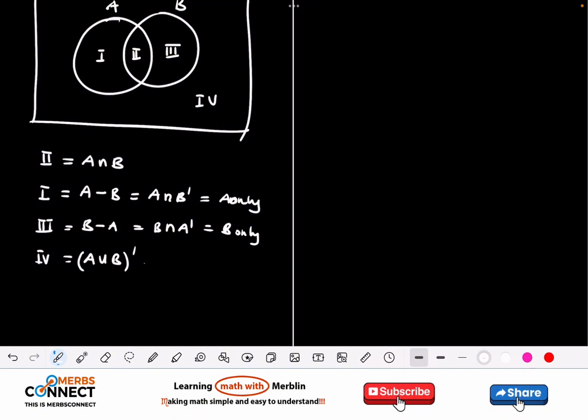That would be IV. And remember, from De Morgan's law, this can be written as A prime intersect B prime.